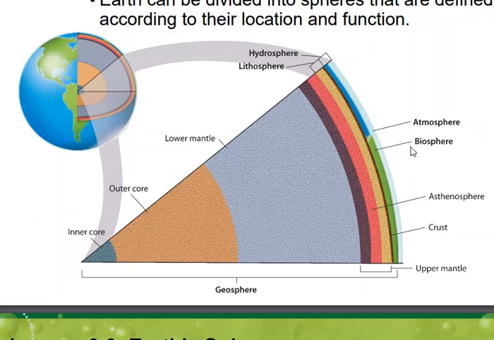Okay? The atmosphere consists of the layers of gases surrounding our planet, and the hydrosphere encompasses all of the water, salt water, fresh water, obviously liquid water, but also ice water and vapor on Earth's surface, underground, and in the atmosphere.